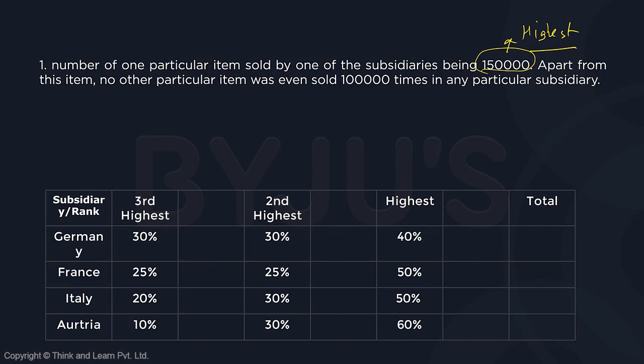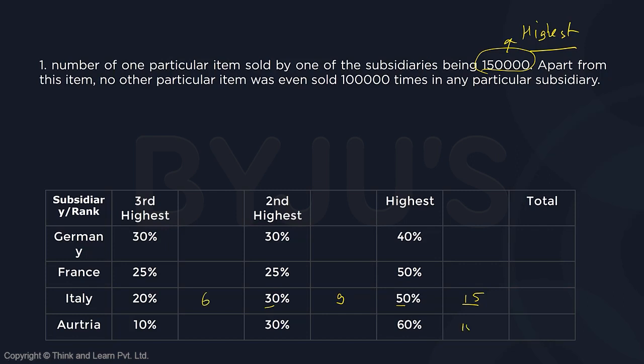If you put this as 15, so if 50 is equal to 15, 25 will be half of that, that is 7.5. Again, not possible. If this is 15, then if 5 is equal to 15, 3 is equal to 9 and 2 is equal to 6. This is possible.